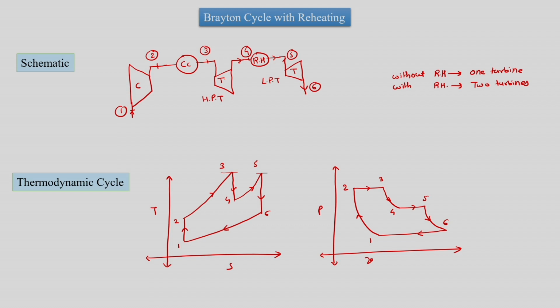And the reheater also does constant pressure heat addition. So this is one thing. Second, the reheater adds heat at constant pressure, or isobaric process, and in general T3 is equal to T5.